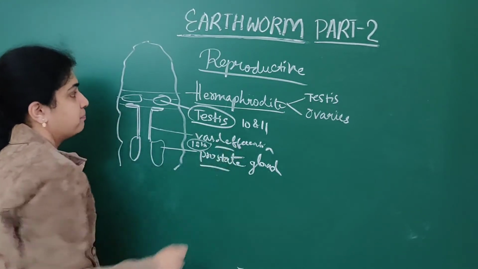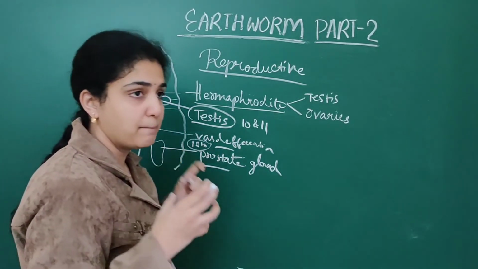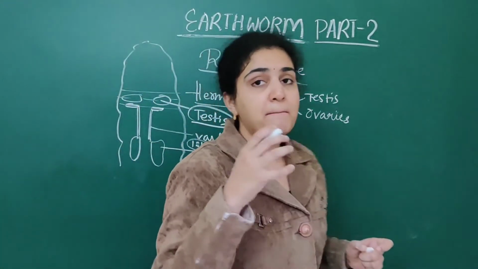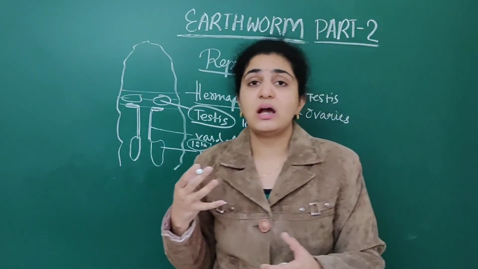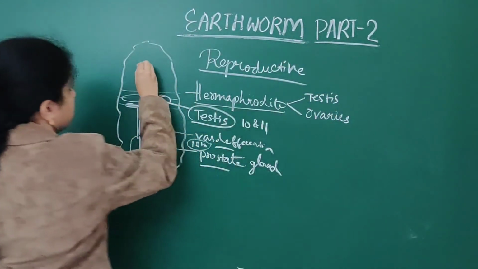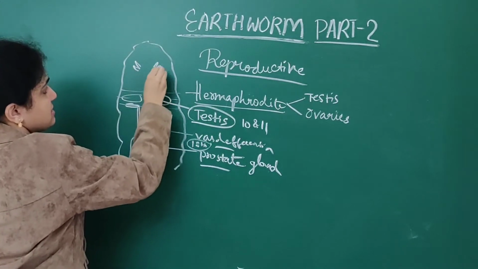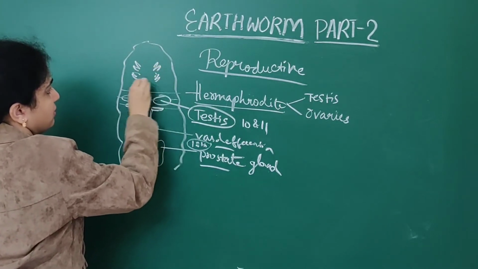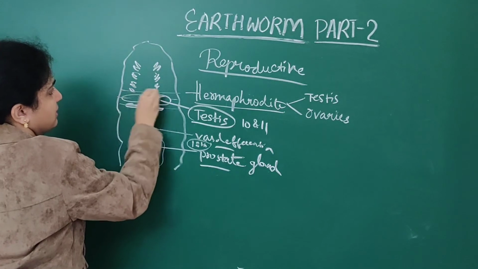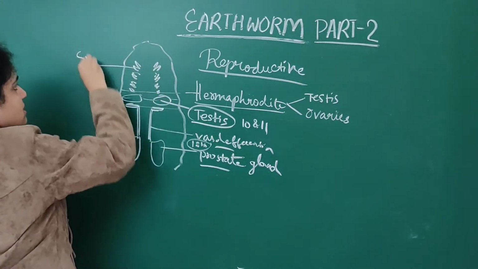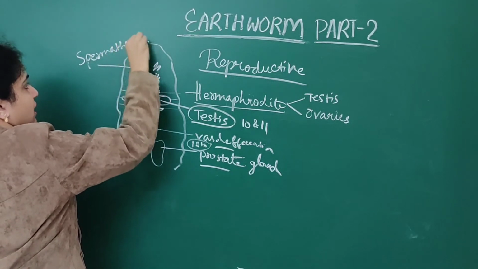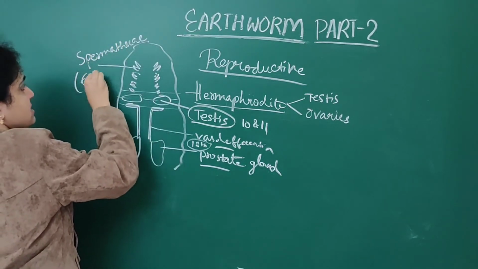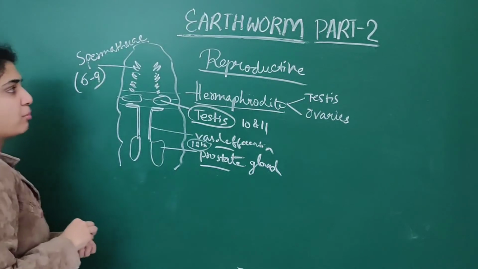In males, mainly from the 6th to 9th segments, numerous spermatheca are present. These are the spermatheca.